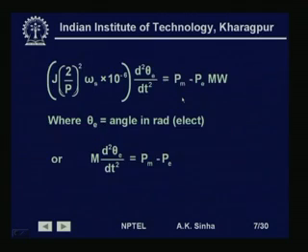Now, instead of working with the mechanical speed, we normally work with the electrical speed, and we had already seen the relationship between the electrical speed and the mechanical speed, or the electrical angle and the mechanical angle.